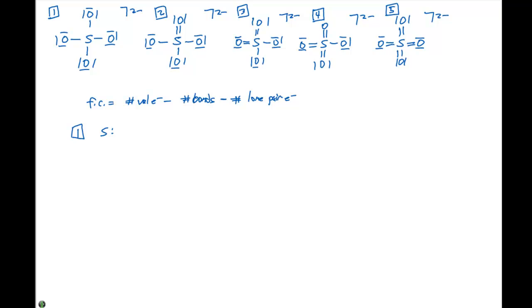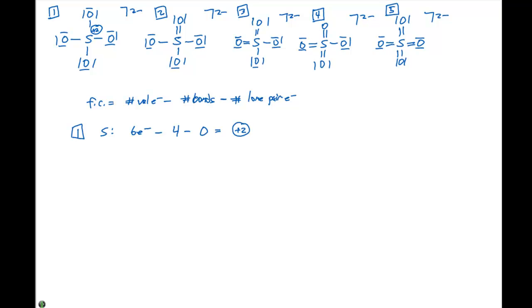charge to sulfur. It's going to equal the number of valence electrons, sulfur has 6, minus the number of bonds. For structure number 1, sulfur has 4 bonds, minus the number of lone pair electrons around that central atom, there's going to be 0. So this sulfur is going to have a formal charge of +2.